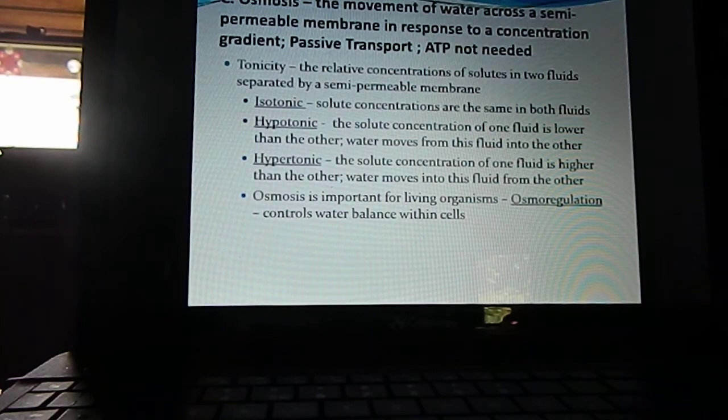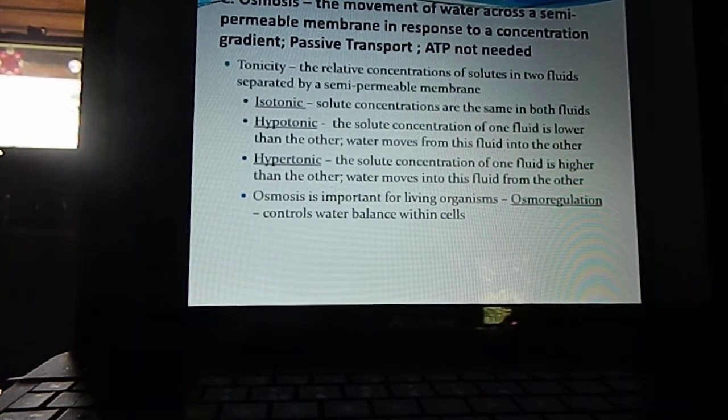If they have equal amounts or percentages of salt, then both fluids are said to be isotonic. If they're isotonic, then there's no net gain or loss of water in either of those fluids, all right?